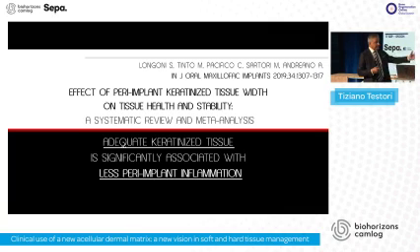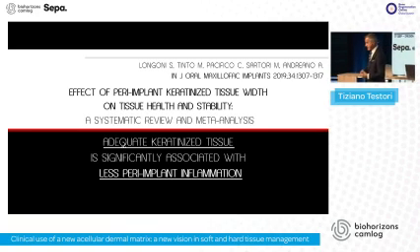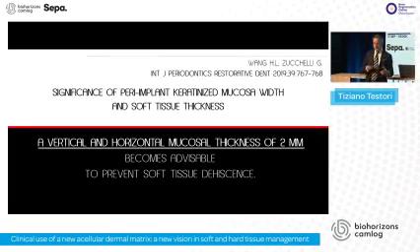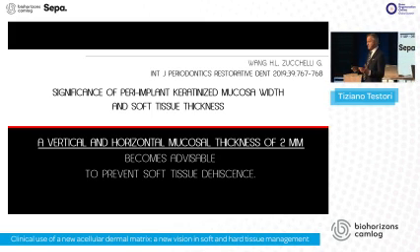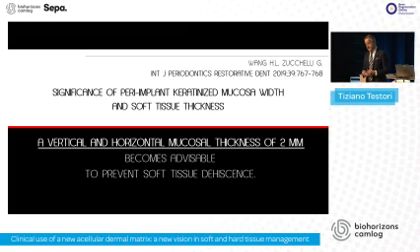And adequate keratinized tissue is associated with less peri-implant inflammation. That is a clinically relevant concept. A vertical and horizontal thickness of 2 millimeters, more or less, becomes advisable to prevent soft tissue dehiscence, and that was stated by Wang and a good friend of mine, Giovanni Zucchelli, who is a master of soft tissue management.